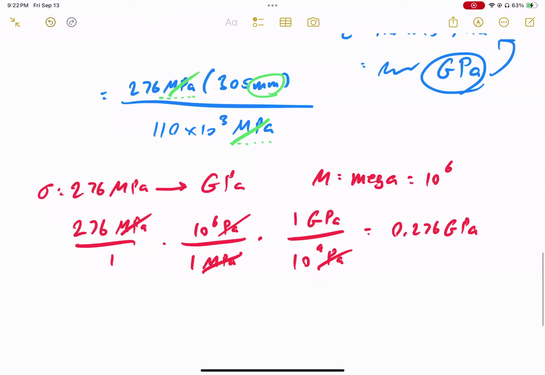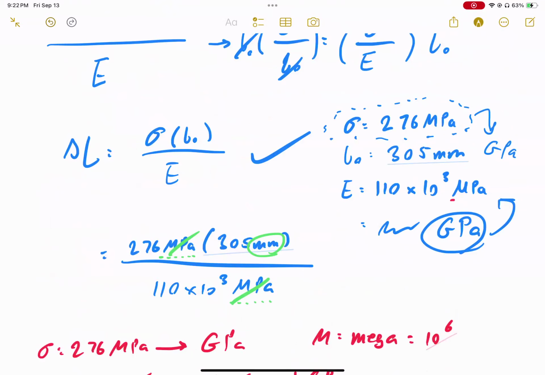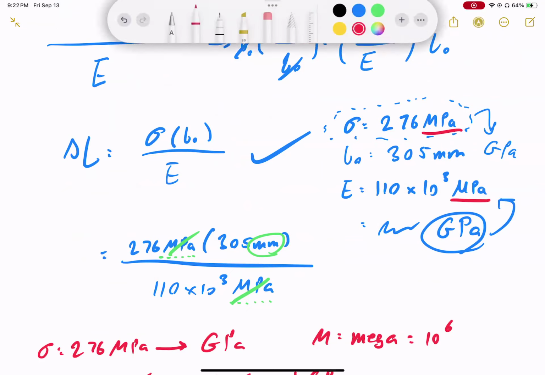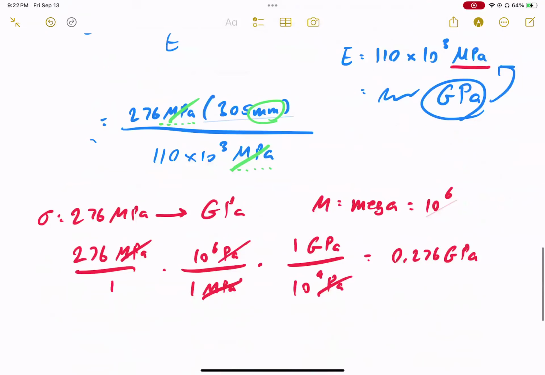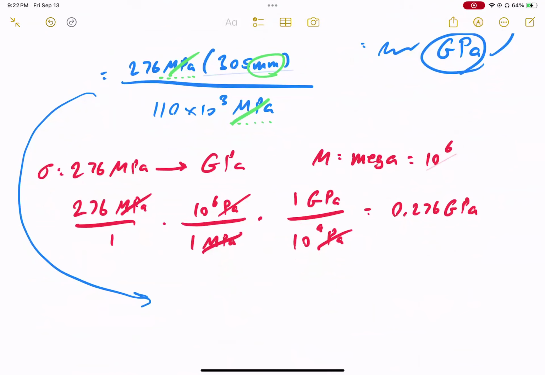So essentially what I did here is just dimensional analysis. However, in this case, because the elastic modulus was given in megapascals and the stress was given in megapascals, I don't have to worry about dimensional analysis here. But I just showed you that case in case you do have to do that. Anyways, going on with the rest of the problem. If we plug that into our calculator, we get a value of 0.77 millimeters.